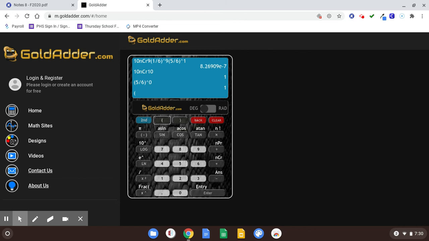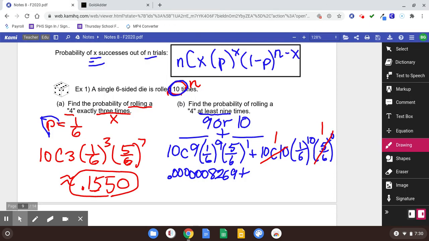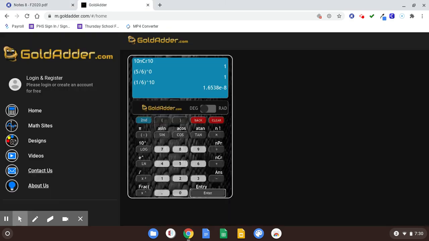So really all I need then is that 1/6 to the 10th power. That gives 1.6538 times 10 to the negative 8th. Move it 8 times, so you're going to have 7 zeros and then 16538.